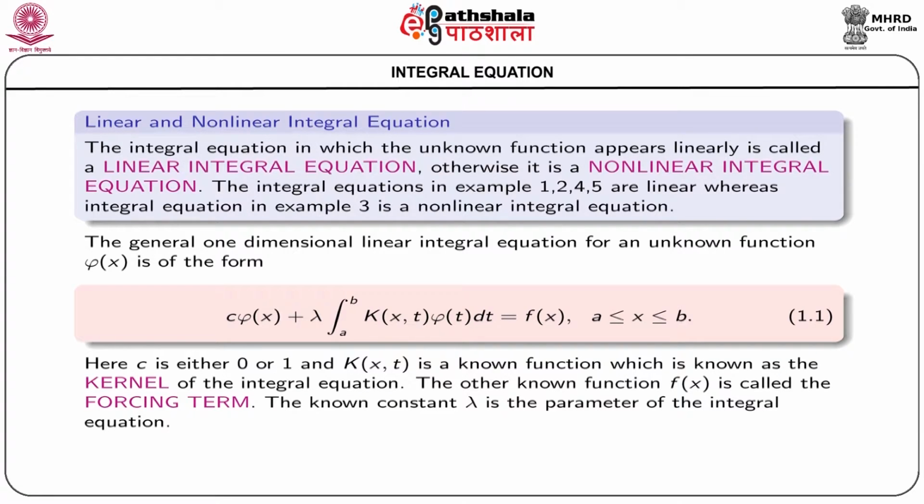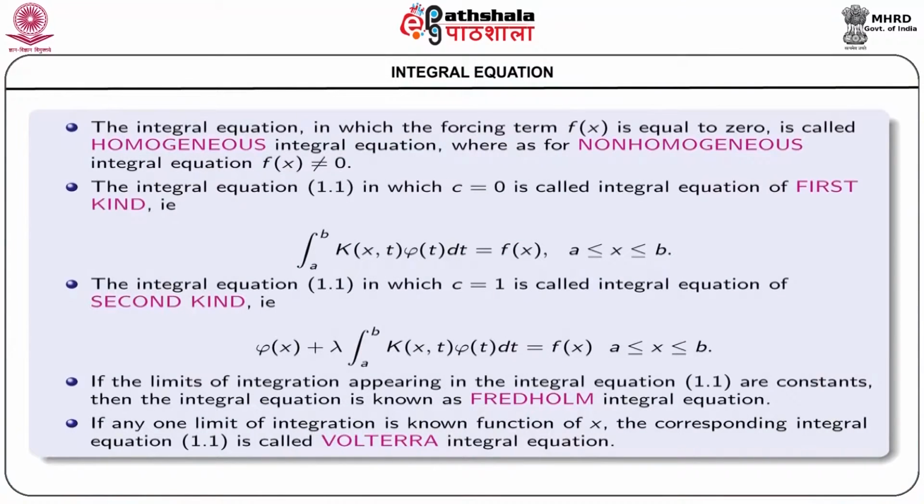Again, in the integral equation 1.1, if c takes the value equal to 1, then the corresponding integral equation is known as the integral equation of second kind, which is given by phi x plus lambda integral a to b k(x,t) phi t dt equal to f(x), x lies in the interval a to b.